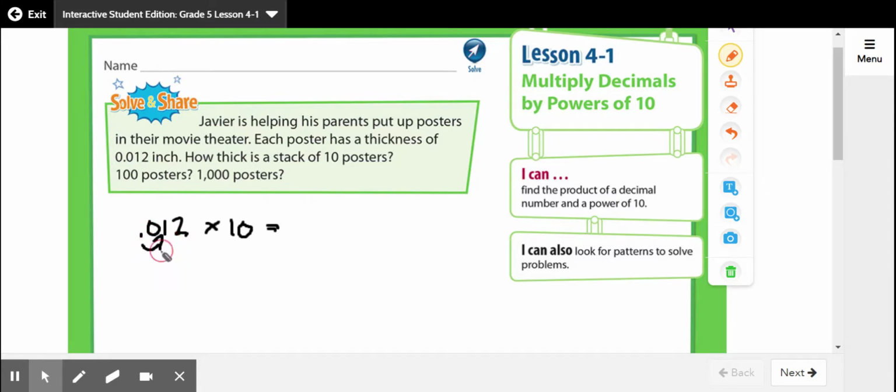That's what we did with the 12. We just added a 0. Here, we just moved the decimal place to the right, one spot. So now my answer would be 0.12.